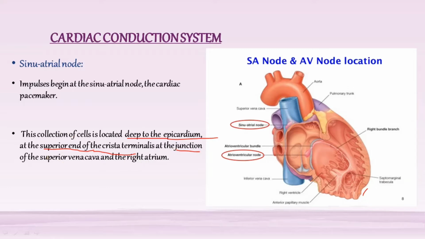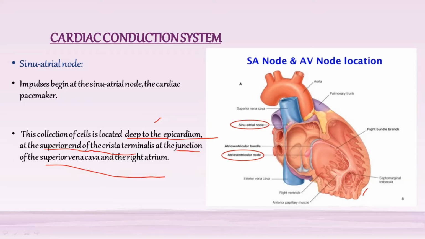So for location, you have to remember 3 points. The first is that it is located deep to the epicardium. Second point is that it is located at the superior end of the crista terminalis. And the third and the most important point is that it is located at the junction of the superior vena cava and the right atrium.